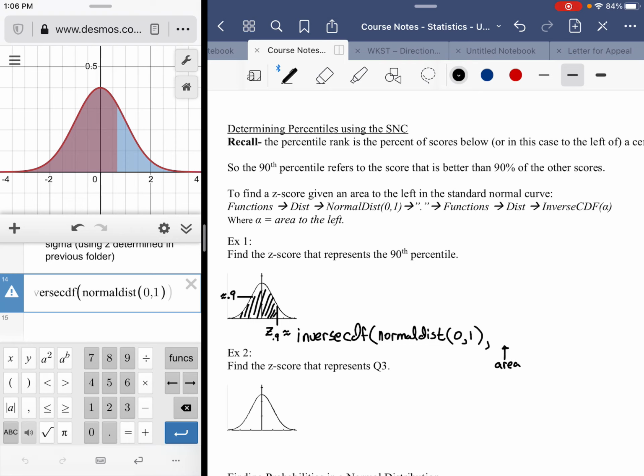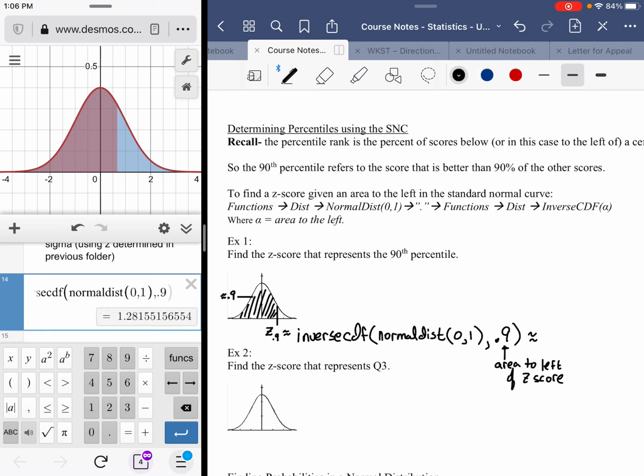So this is the area to the left of the z-score. Now that's a z-score that we don't know, but we do know the area to the left of that unknown z-score is 0.9. All right, so I could put in a 0.9. So that's what I'll do, comma 0.9, and you get about 1.282.